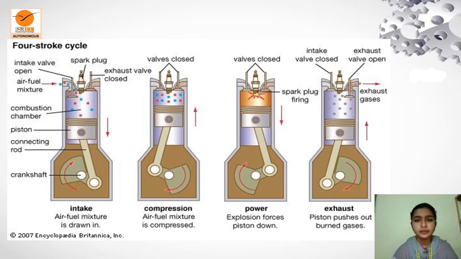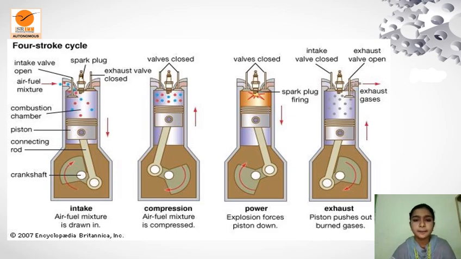The volume in the cylinder increases while pressure decreases, and this creates a pressure difference between the atmosphere and the inside of the cylinder. At the end of the stroke, the cylinder will be filled completely with the charge and the inlet valve is closed.